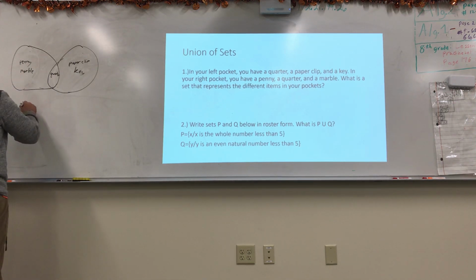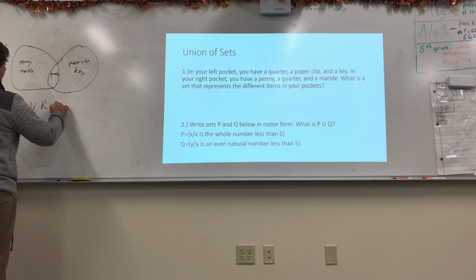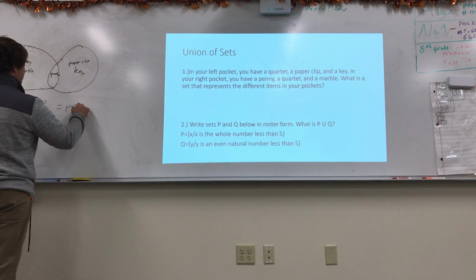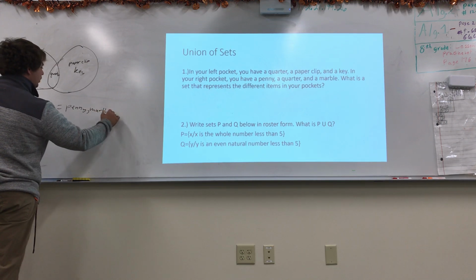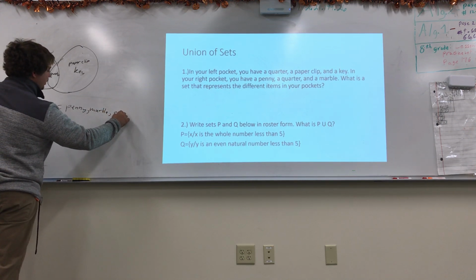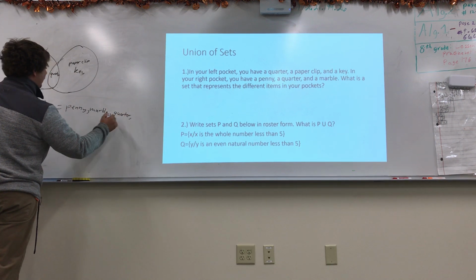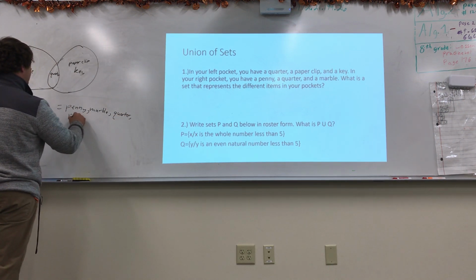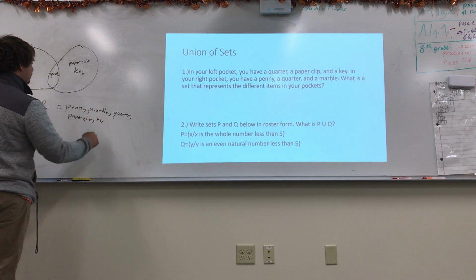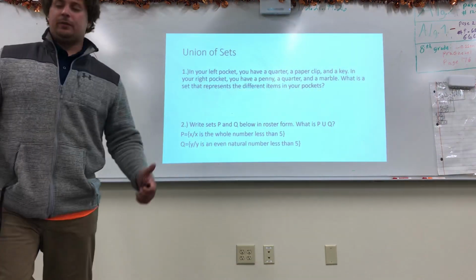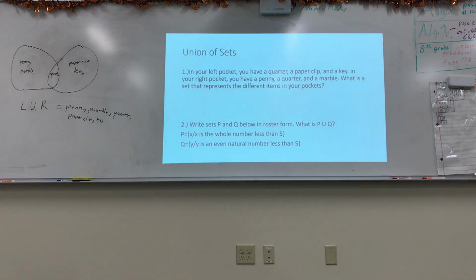So you'd have left union right, in which case you'd have a penny, a marble, a quarter, but I don't have to list quarter twice. Okay, paperclip, and key. Those would be the 5 different items that I have in my pocket. Okay?